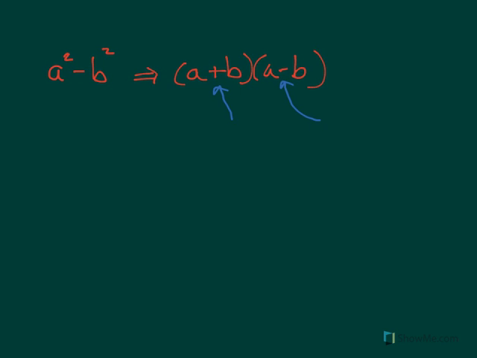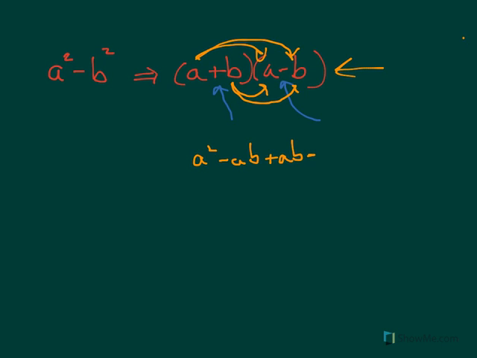and in the other one it's going to be minus. The reason this works is if we went in and kind of checked this by remultiplying. So if you did a times a, you get a squared. If you do a times the negative b, you get negative ab. If you do b times the a, you get ab. And if you do b times a negative b, positive times a negative is a negative.